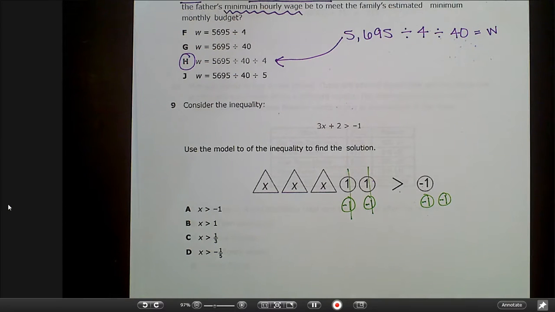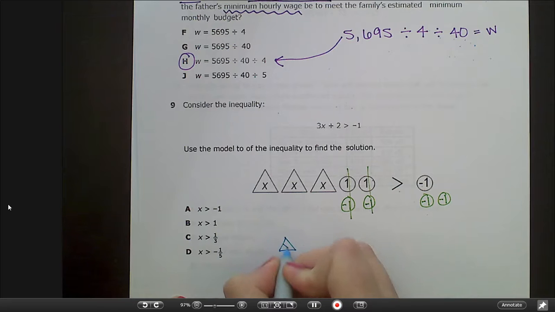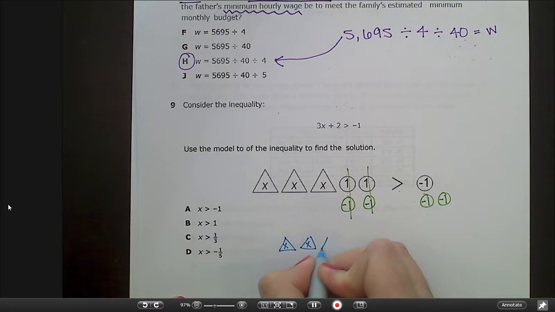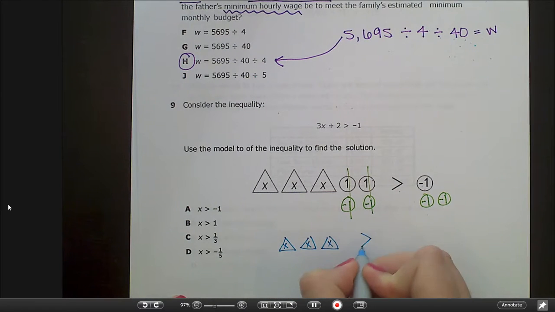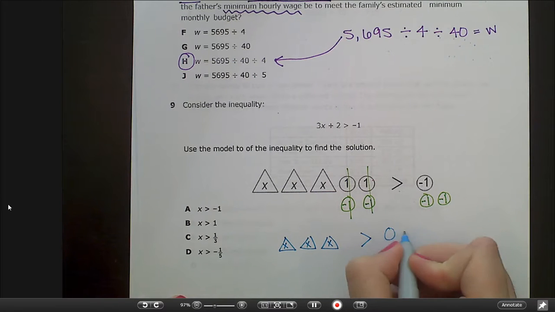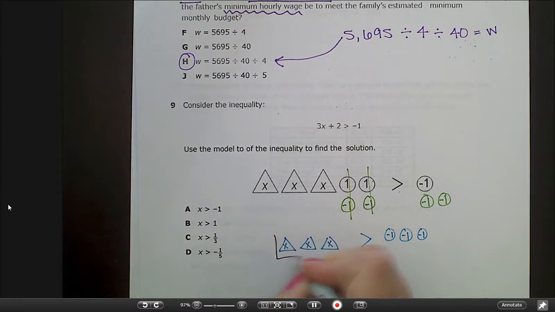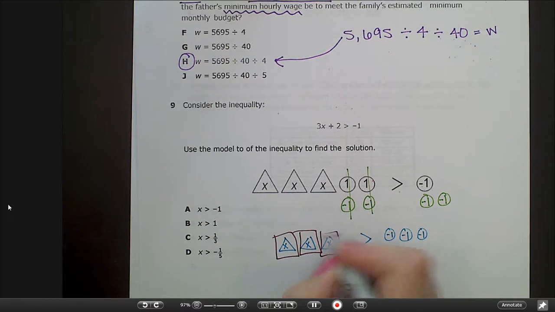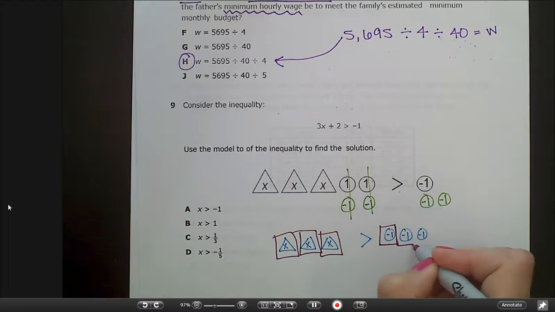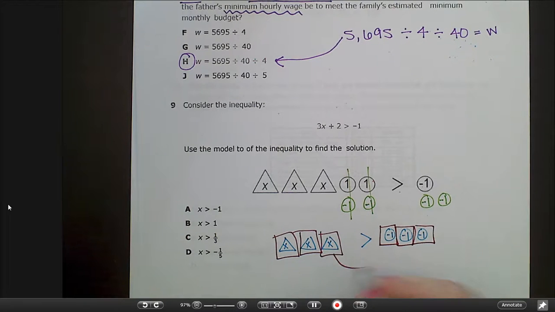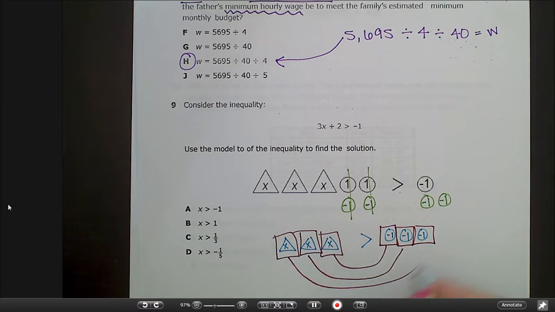And now I have 3 x's is greater than negative 3. So now when I divide this side into 3 parts, and I divide this side into 3 parts, each x is equal to a negative 1.